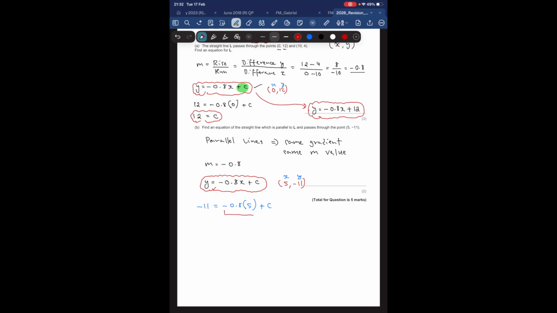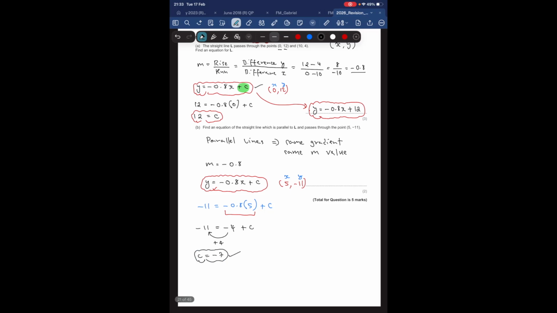We can work out minus 0.8 times 5 on the calculator. That's going to give us minus 4. So we end up with an equation, minus 11 equals minus 4 plus c. We can bring the minus 4 over to the other side, so it becomes a plus 4. Minus 11 plus 4 will give us minus 7. So the new value for c for our new line is going to be minus 7.